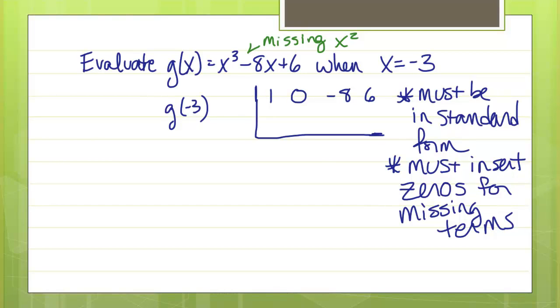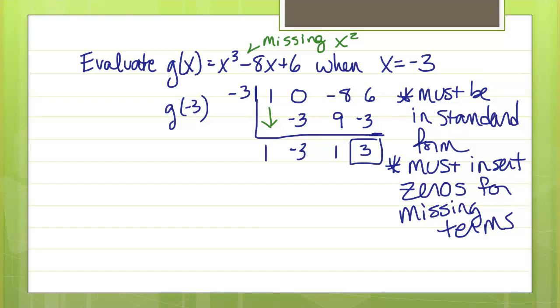All right. What are we going to put on the outside? -3. And then we bring this first guy down. So 1 times -3, -3, add, multiply, add, multiply, add.